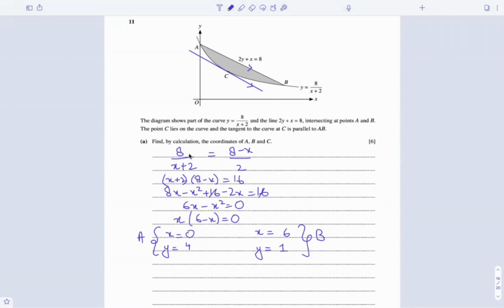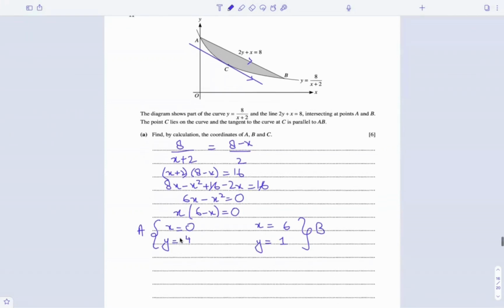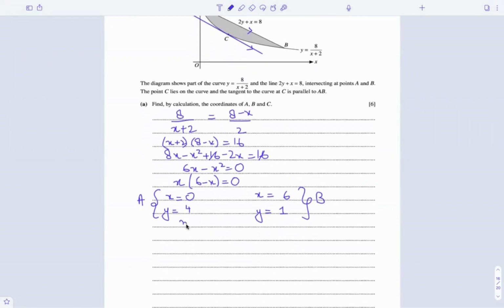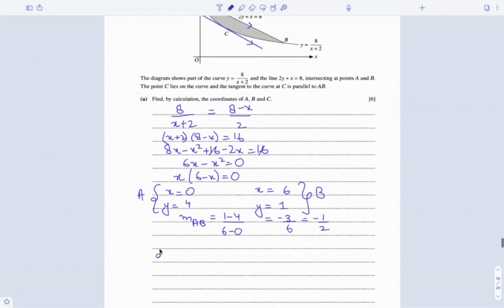For coordinates of C, we know that the gradient at point C is equal to the gradient of AB. The gradient of AB is y2 minus y1, so we can write 1 minus 4 upon x2 minus x1. So the gradient of AB is minus 3 upon 6 or minus 1 upon 2. The gradient of the curve at point C is dy dx.